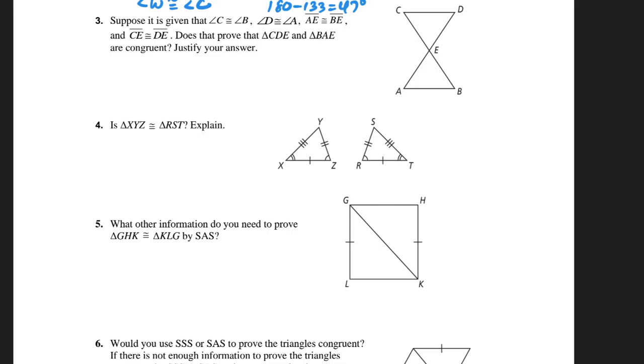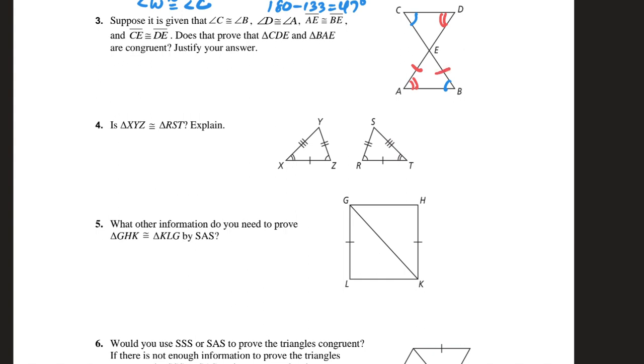Suppose that angle C is congruent to angle B. Angle D, I'm going to put two markings, is congruent to angle A. And I know that segment AE is congruent to segment BE.